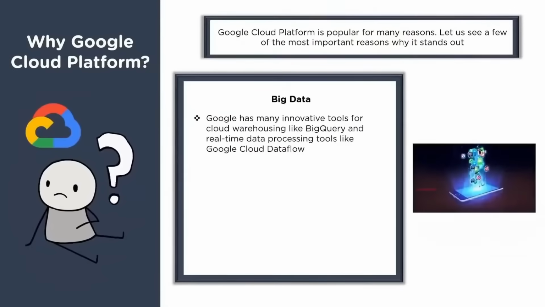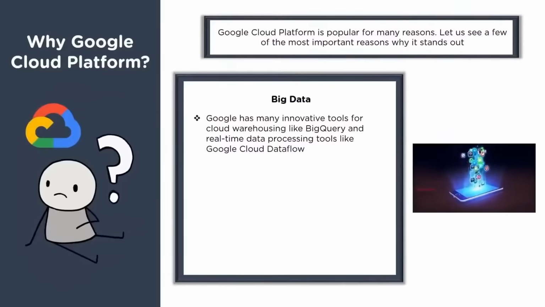Now, big data is data which is very complex and has a lot of characteristics such as volume, velocity, variety, veracity, validity, volatility, virality, and so on.